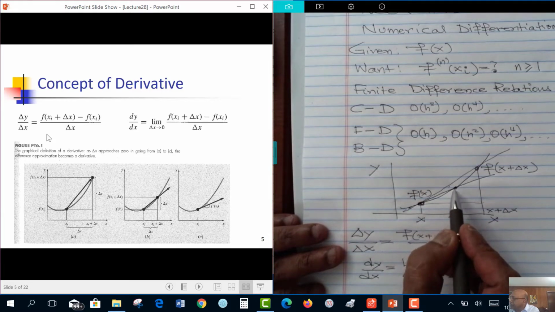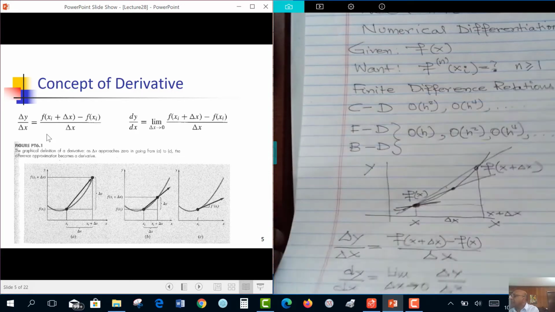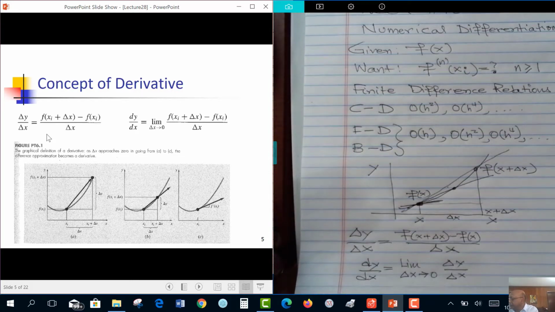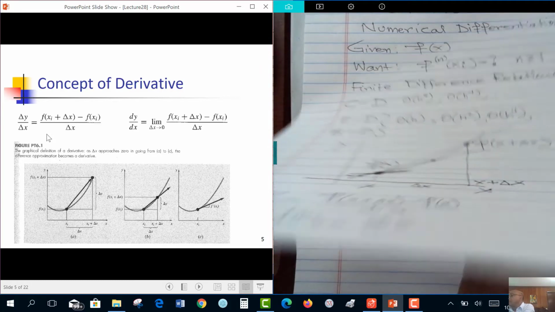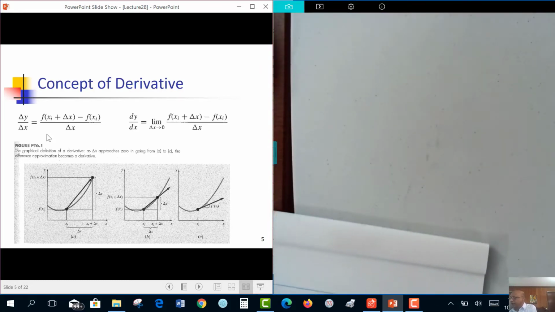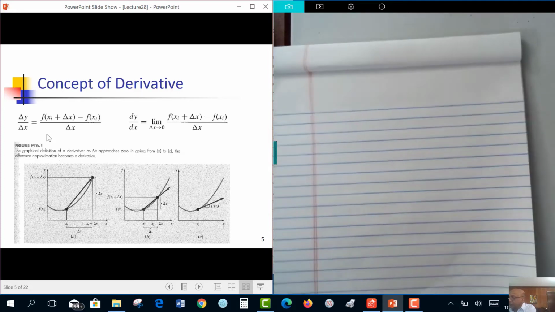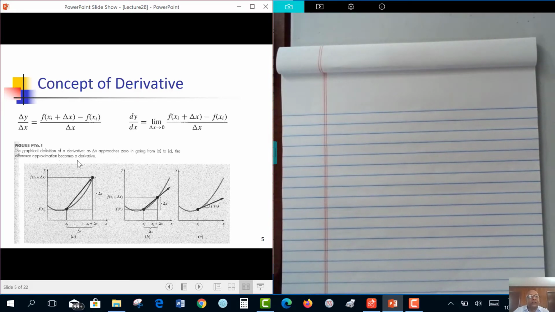So you can see as I keep reducing delta x, eventually I will get my exact derivative value. But of course, when delta x becomes 0, I can't use this expression. So we have to use, therefore, finite differences. Delta x has to be finite, non-zero. So we have these expressions.